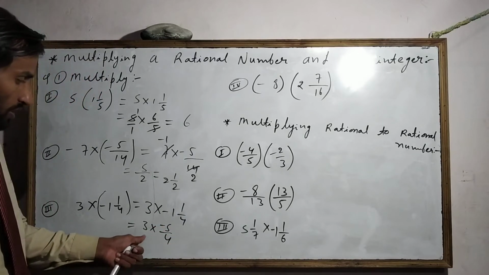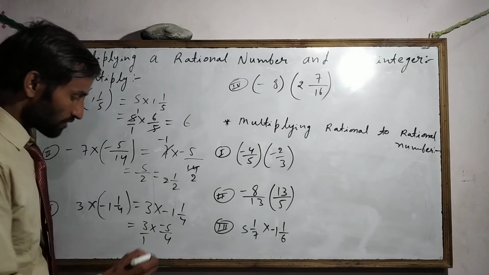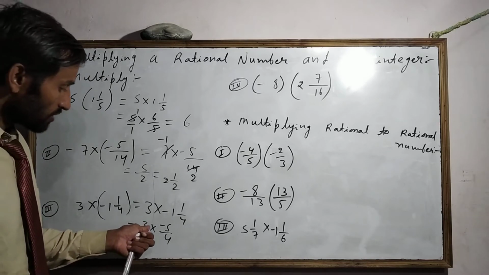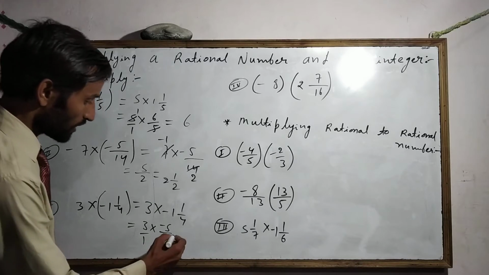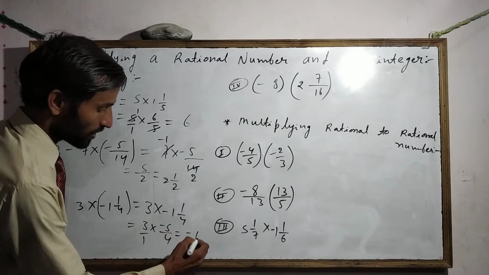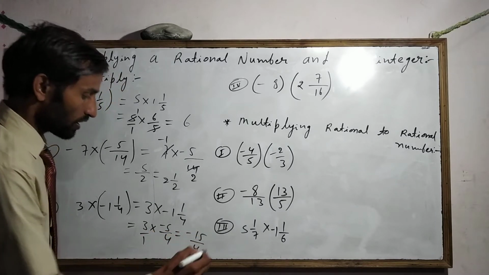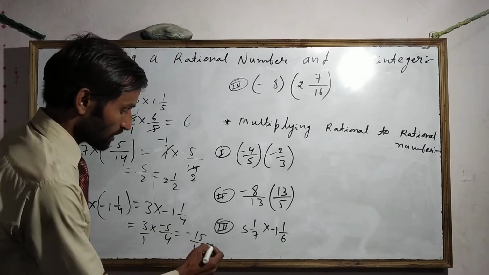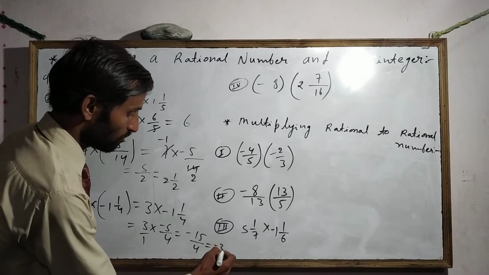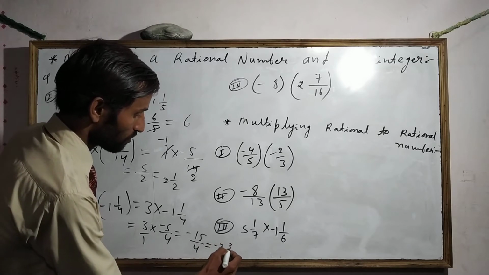Here there will be no cancellation, so just multiply numerator to numerator and denominator to denominator. Then 5 3 is 15, minus 15 upon 4. Then you can convert into a mixed fraction: minus 3 whole and 3 upon 4 is the answer.